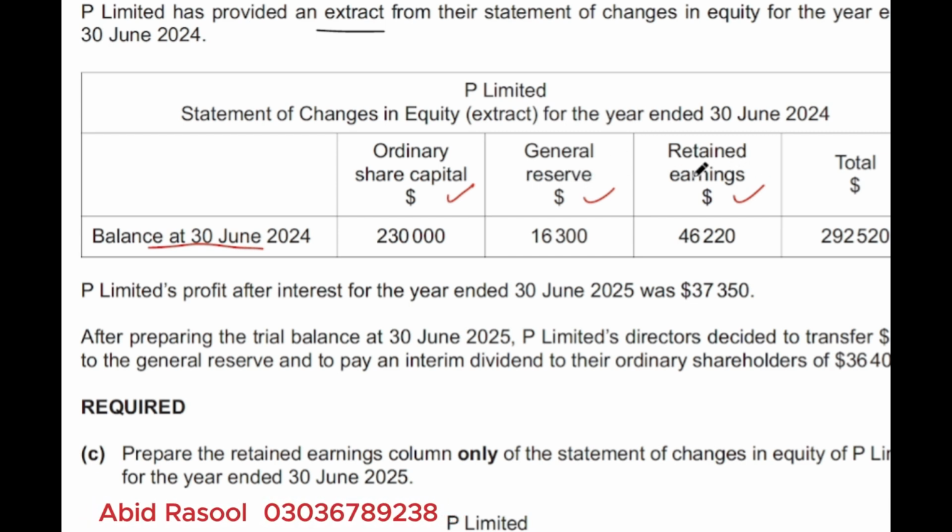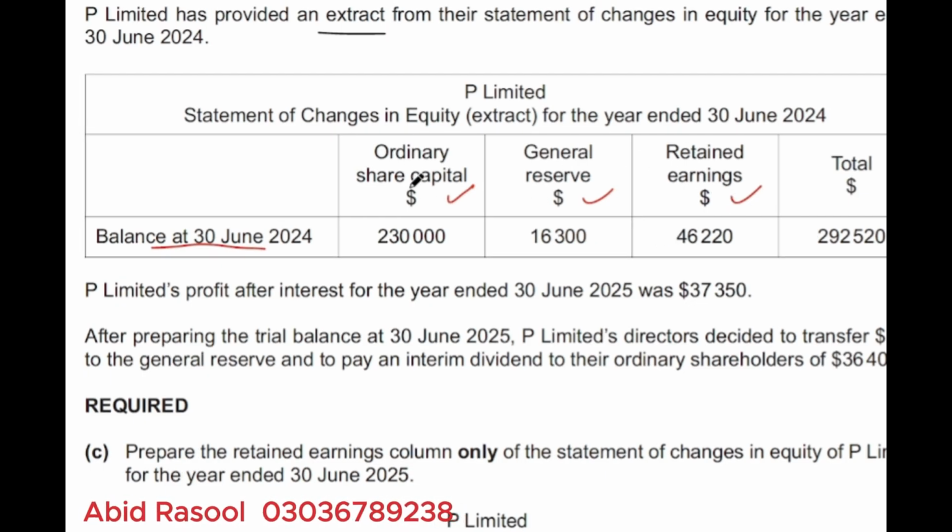Okay, these are kept with the company to be used later for different purposes in the company like growth, expansion, or paying dividends later. Okay, these are the reserves. These are the kept profits, not distributed profit of the company.